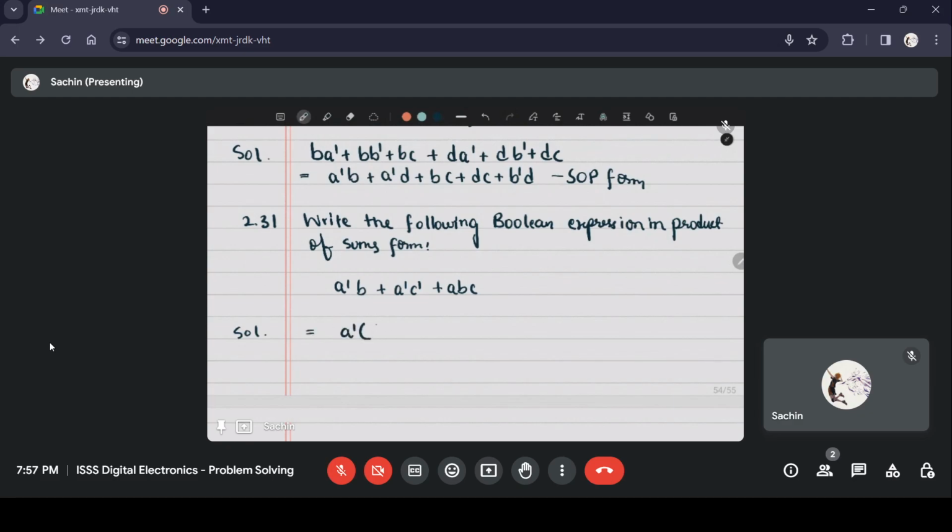Can take a prime common in the first term, then you can write this as abc plus a prime into abc plus b plus c prime.